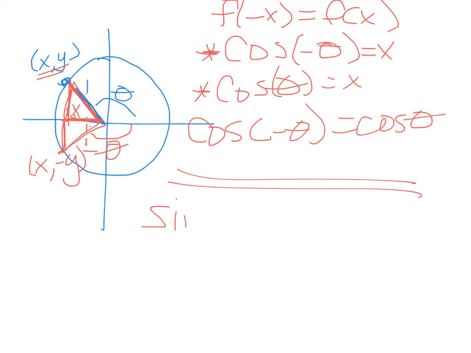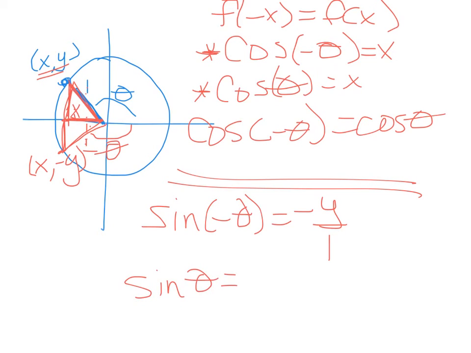For sine, there's a very similar argument for why it's odd, and we're not going to do tangent because it's the same idea using sine and cosine. If I put in the opposite of theta, I should get negative y over 1, or just negative y, the opposite of y. And sine of theta is just y over 1.